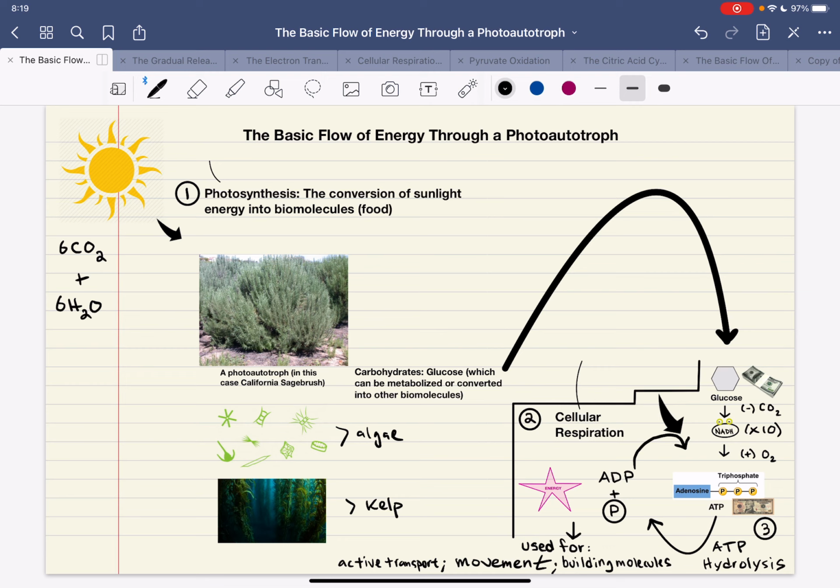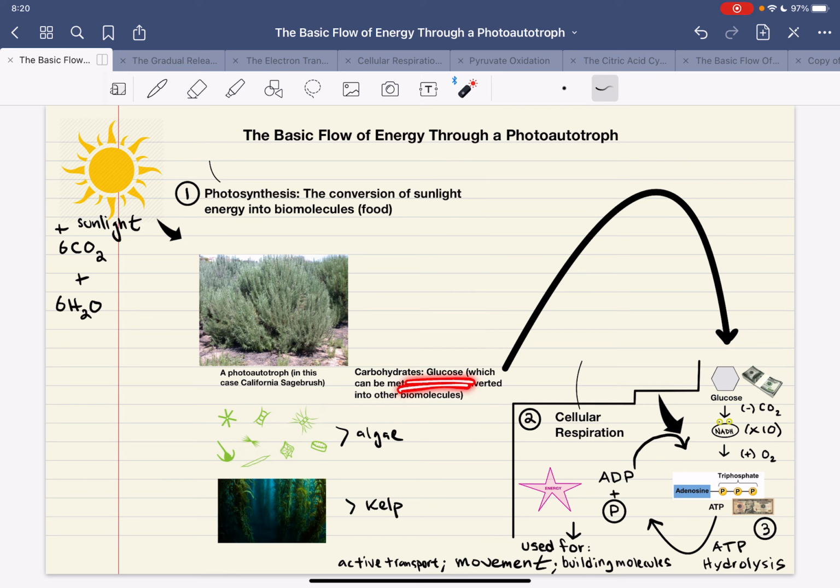Another necessary component in order for photosynthesis to occur is sunlight, which we're going to learn is a specific form of energy called radiation. So photoautotrophs are able to use the energy from sunlight, use water, and use CO2 to build carbohydrates like glucose.